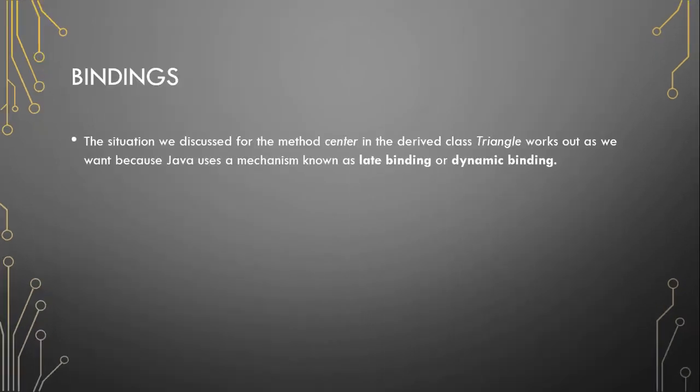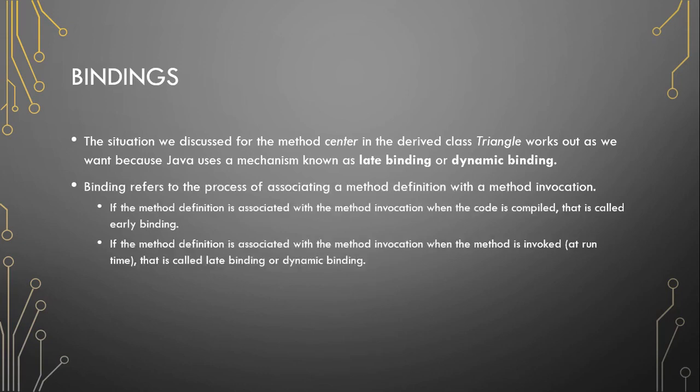Now, the situation we discussed for the method center in the derived class triangle works out as we want because Java uses a mechanism which is known as late binding or dynamic binding. Binding refers to the process of associating a method definition with that of a method invocation. If the method definition is associated with the method invocation when the code is compiled, that is known as early binding. So if it had been done the other way around rather than how we did in our example, that would be early binding.